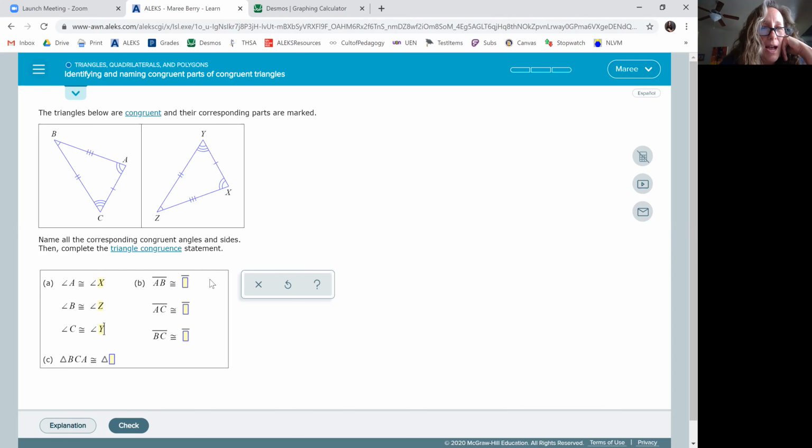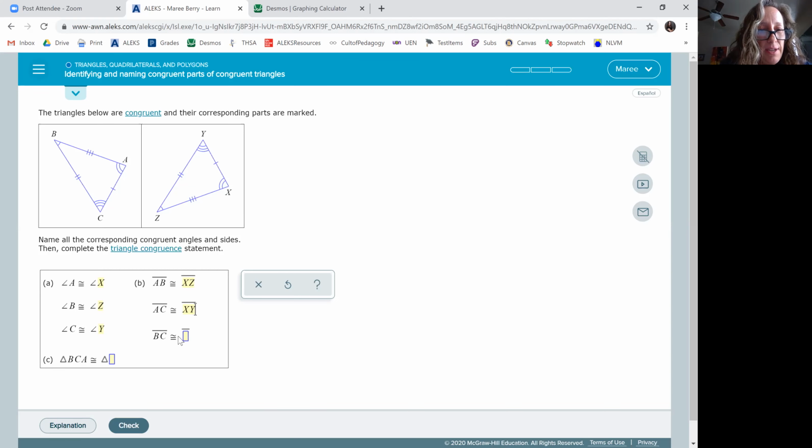Now, I don't even have to look at the pictures anymore. I usually don't, because I look here, okay, A, then B. So I come over and I see A, then B. So I'm going to do X, then Z. I have to do the right order. Then this next one goes A, C. So I'm going to do the X, and then what goes with C is Y. So I have to type XY.